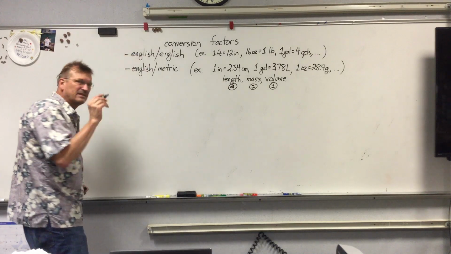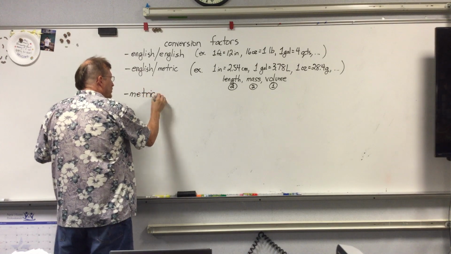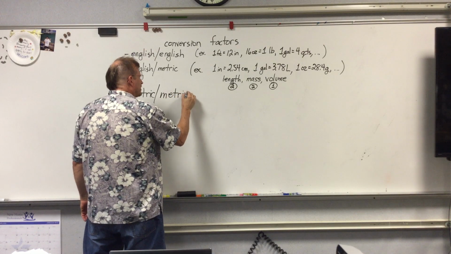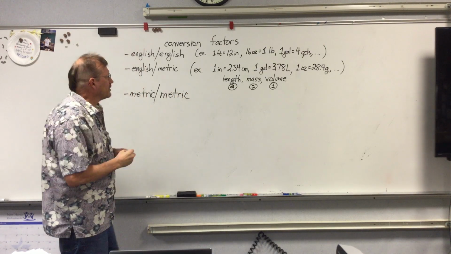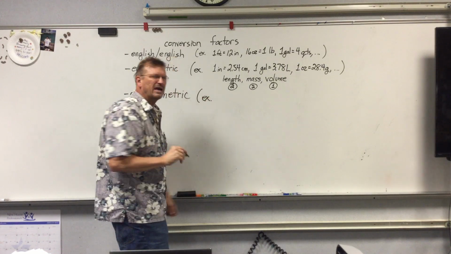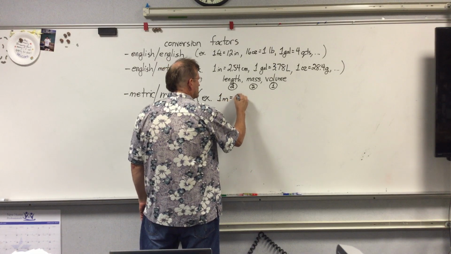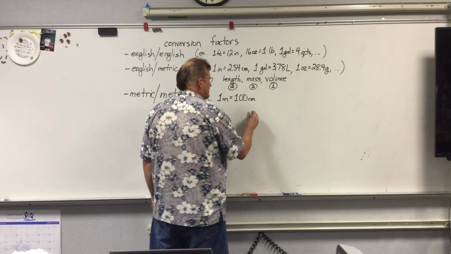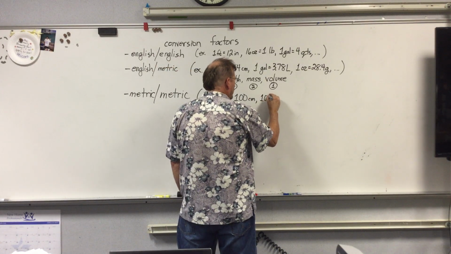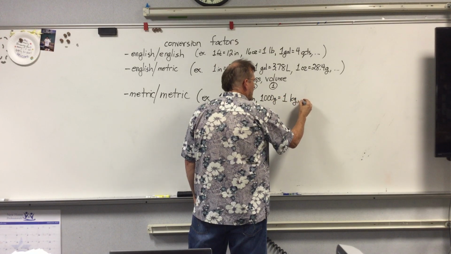All right? Now, the last one that we are going to look at, and this is one where we're going to have to practice a little bit, is what I call a metric to metric conversion factor. The ones that people are familiar with are things like 1 meter equals 100 centimeters, or 1,000 grams equals 1 kilogram.